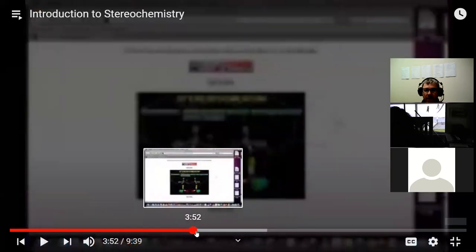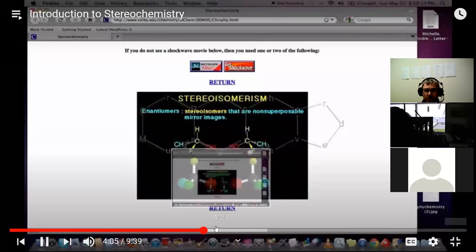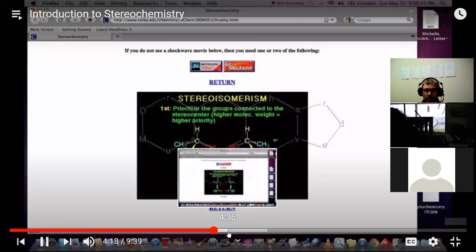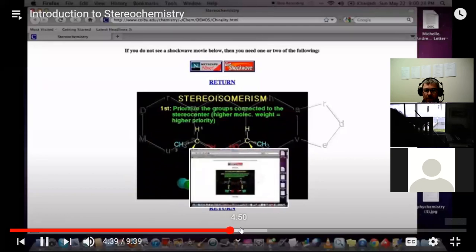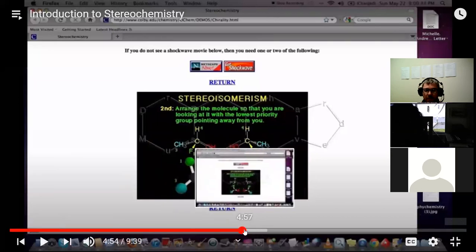Now let's look at what makes them different. Because you can't take this and line it up. And the hydrogen. I'm going to skip over the naming here. We're going to be doing that later, but we can actually name these differently, and I'll show you how to do that in a bit.